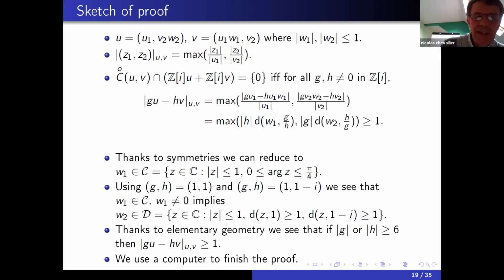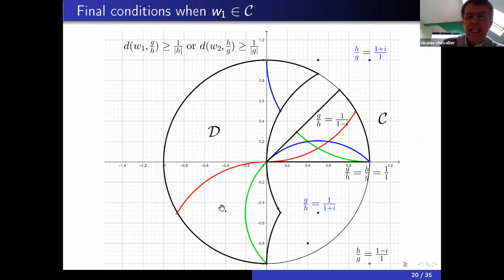And what we find, the important thing, I will say it here, is the following. We can completely describe the set of W1 and W2 which verifies the theorem.